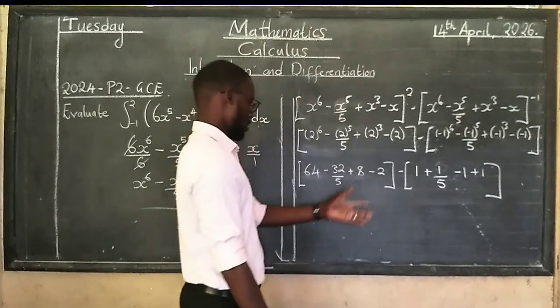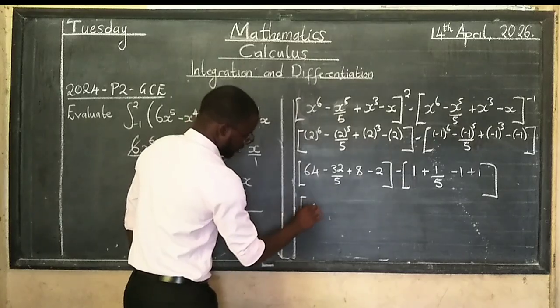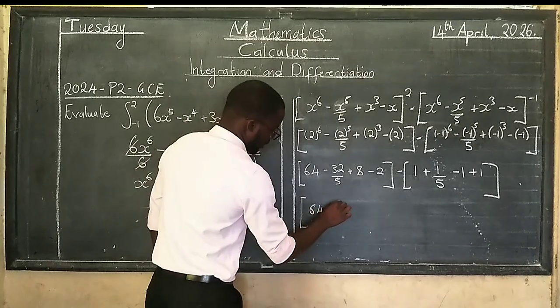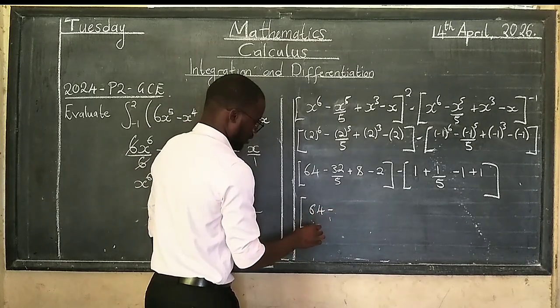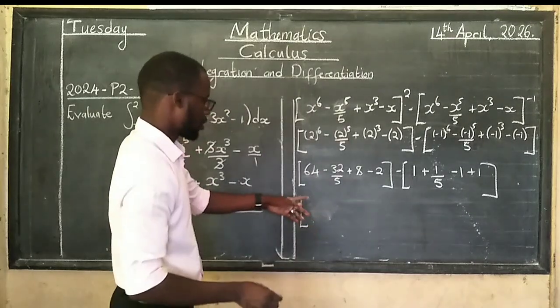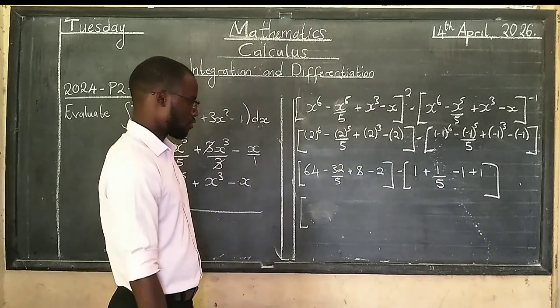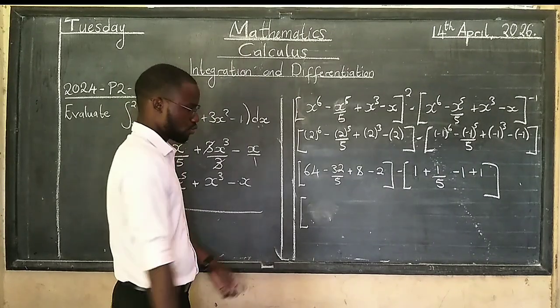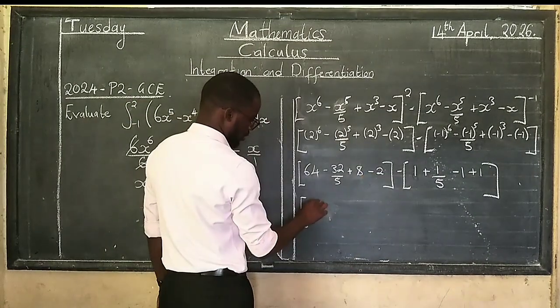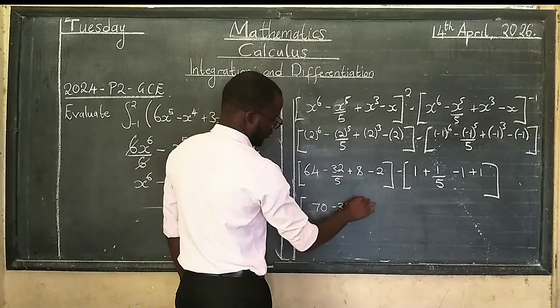I think from there we can just start killing things off. So here, this is 64 minus, or maybe, yeah, let's do what we did in the last example. So this is 64 plus 8. 64 plus 8 is going to give us 72 minus 2 will give us a 70 minus 32 over 5.